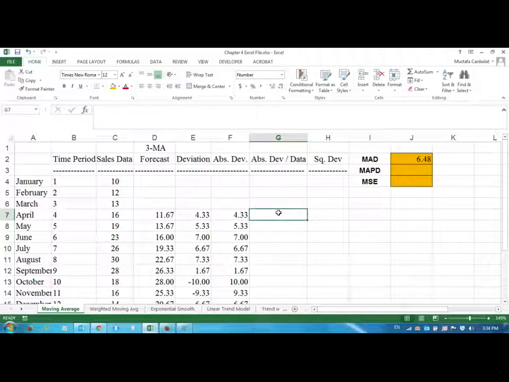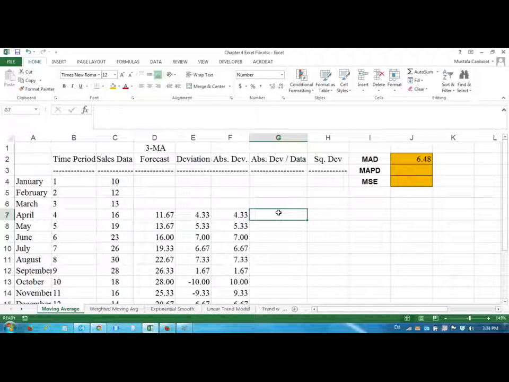This is good mostly for data with trend, because let's say right now you are selling 10,000 units and you are making an error size of 1,000, and maybe 5 years from now you're using the same method, but now your sales are increased to 100,000 and you're still making an error size of 1,000.